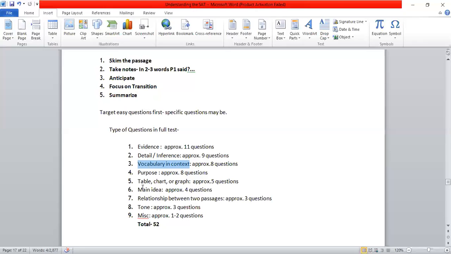Okay, let's move further. If I say purpose question, the word itself suggests the word why. What's the purpose? So it's a why-based question. The difference between detail and purpose is that one is a what question and the other is a why question.